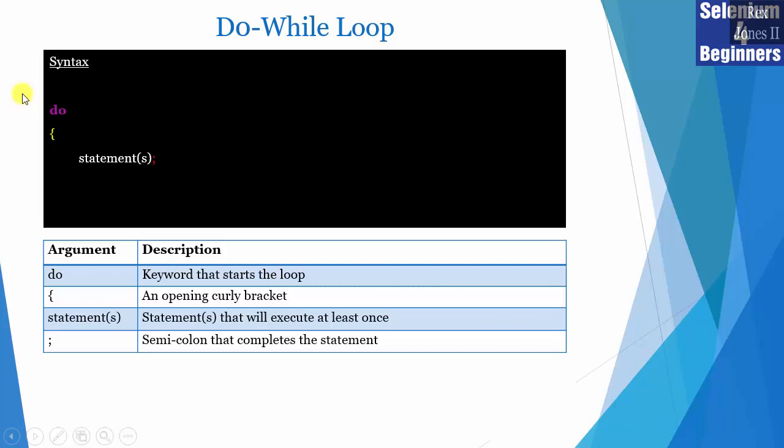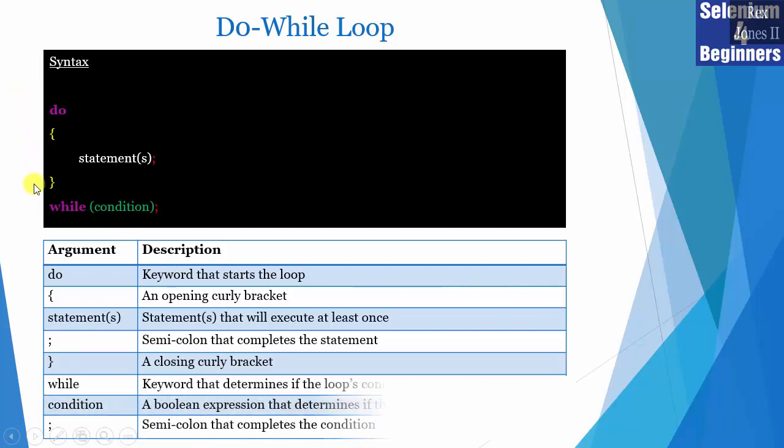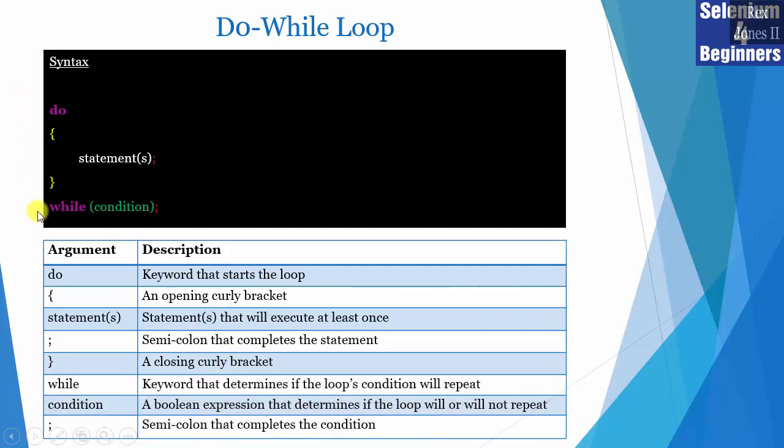After the statement is a closing bracket, keyword while, and a condition is last. Notice how the do while loop is different from the for loop and the while loop. The condition is at the bottom of the loop, but the for loop and while loop has a condition at the top of the loop.